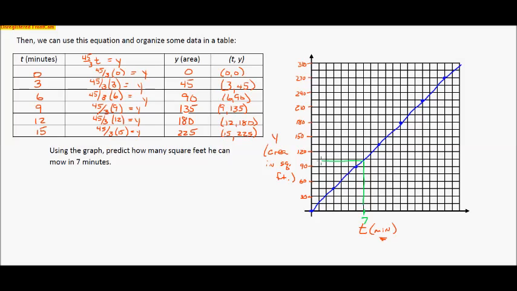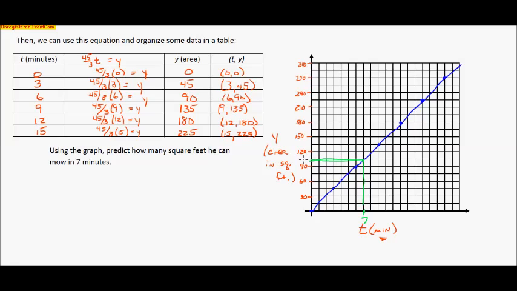And I slide over, and of course it's going to be an approximation, because I'm not right on that specific block. Actually, if you think about it, it should be right on that specific block. I'm going to slide right over, because the way I set up my graph, I go over 3 and up 3. So if you were to draw it with your ruler, you would see it'd be right on that block.